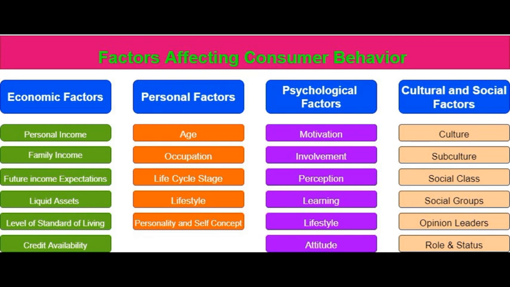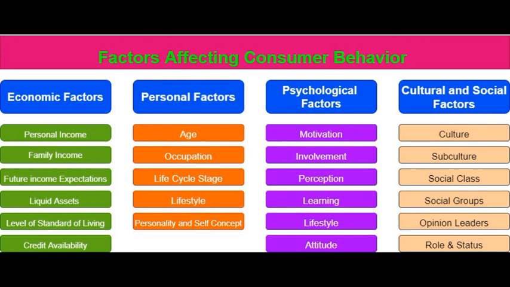And fourth are the cultural and social factors, all related to the society in which a person is living. Now, these directly or indirectly shape our beliefs, our value systems, our attitude towards things, and hence they influence the consumer buying behavior for things in his daily life.